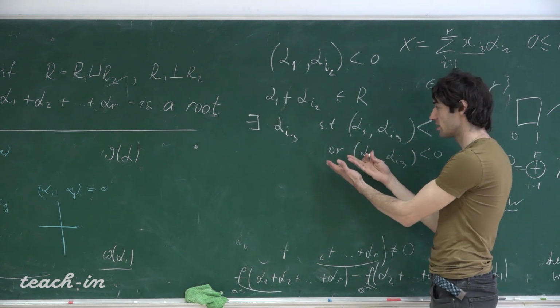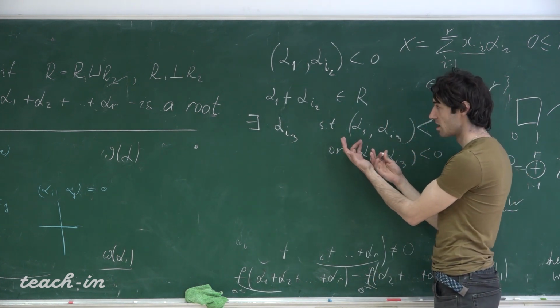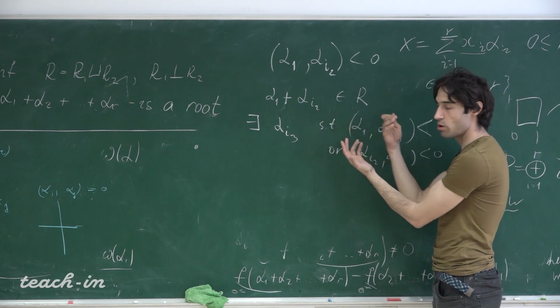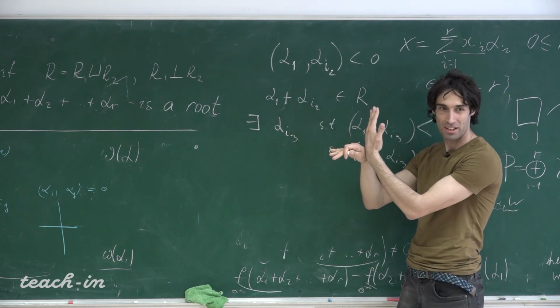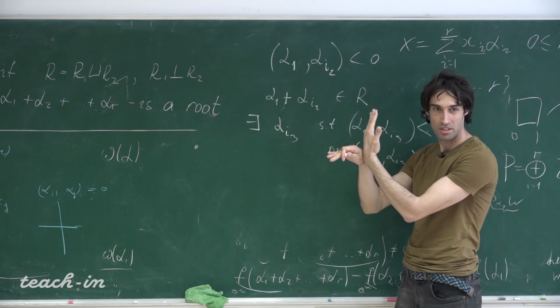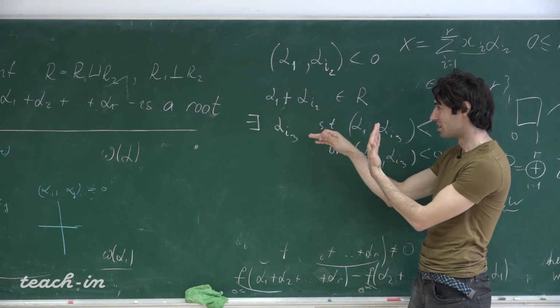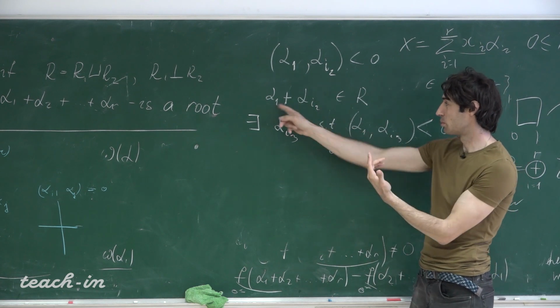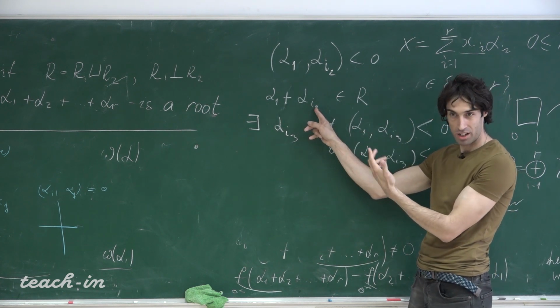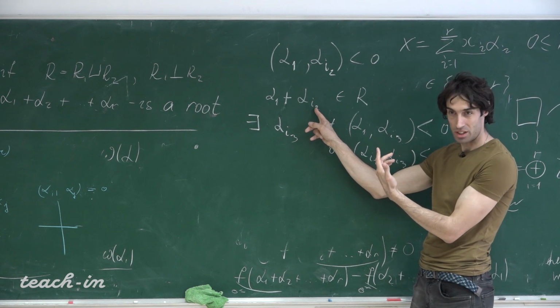If such a root doesn't exist, it means that it is orthogonal. So then all the rest is orthogonal to both of these, and again we have our system reducible. Therefore this root exists, and its inner product with alpha 1 plus alpha I2 is less than 0.